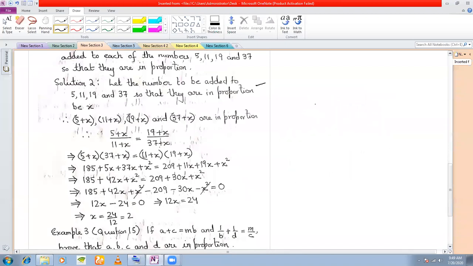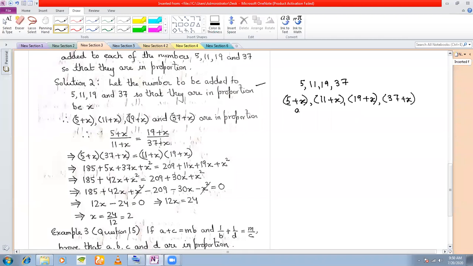What number should be added to the numbers 5, 11, 19 and 37 so that they are in proportion? Suppose I add the number x. Then 5 becomes 5 plus x, 11 becomes 11 plus x, 19 becomes 19 plus x, and 37 becomes 37 plus x. Now these must be in proportion.